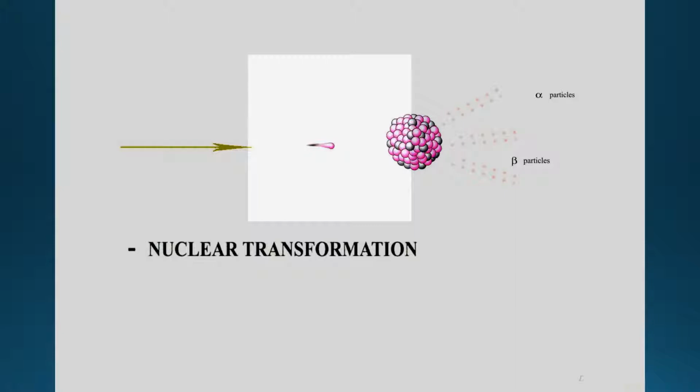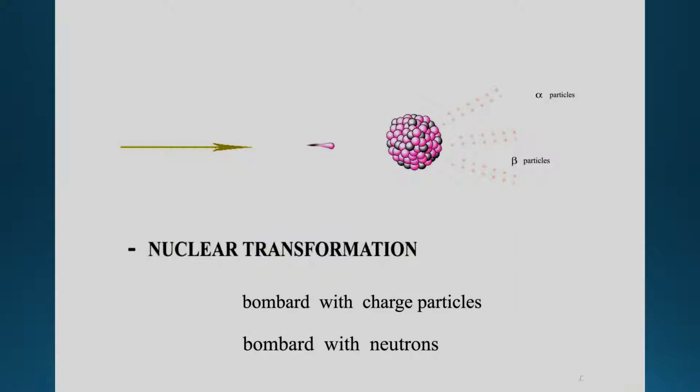That is called nuclear transformation. We do it in two ways. One is to bombard it with a charged particle. Another is to bombard it with a neutron. And this is what we're going to go through in detail.